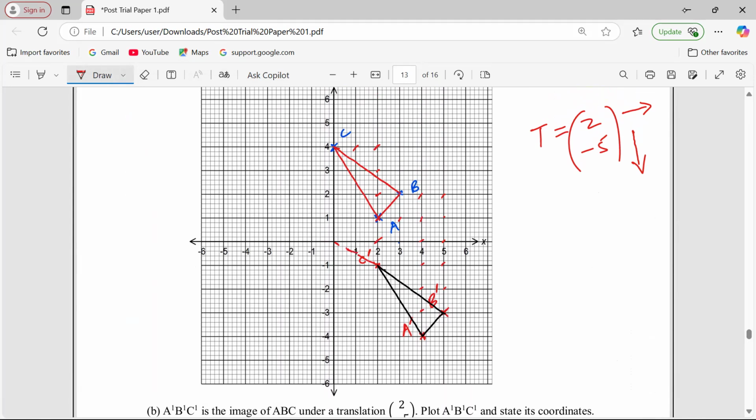Then after that, we measure 90 degrees in a clockwise direction. After just joining, we measure 90 degrees in a clockwise direction. So 90 degrees in the clockwise direction will be here.